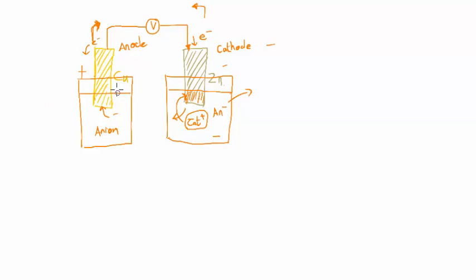The same happens on this side. I'm giving away electrons, which means that whatever the anode is made up of is some metal.